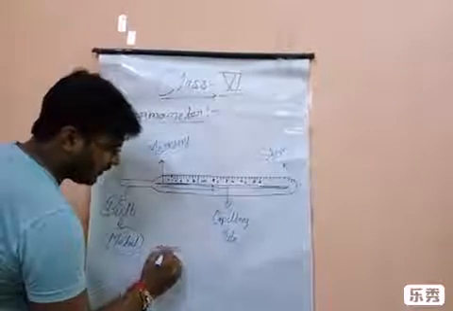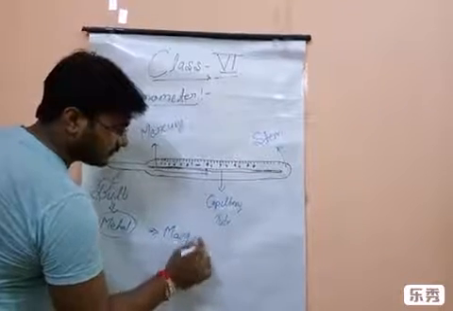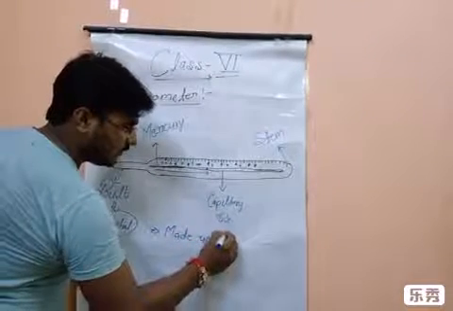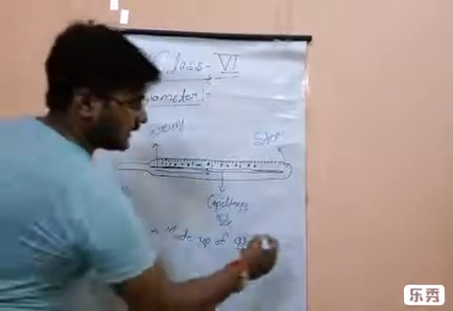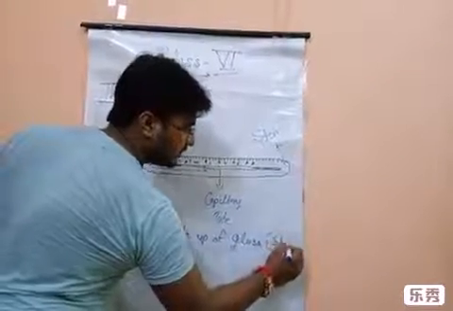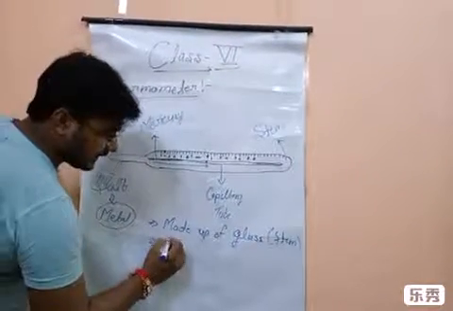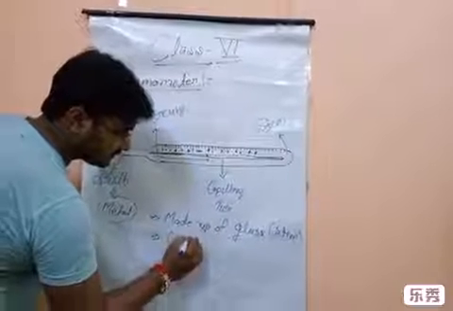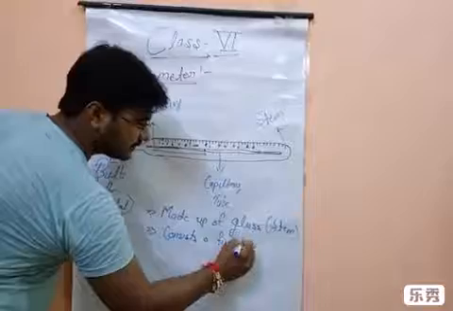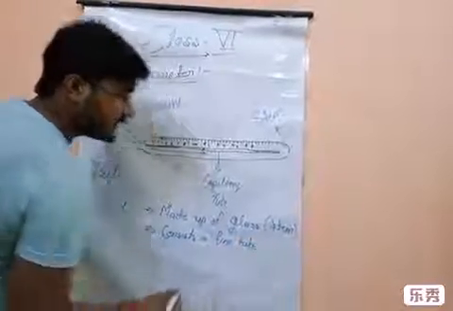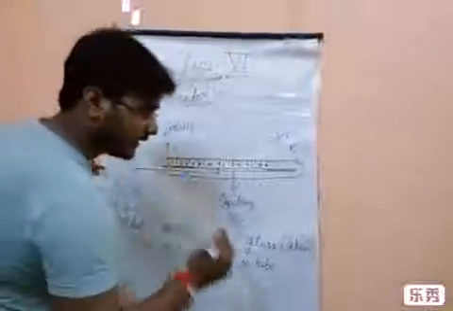Thermometer is made up of glass, in the bracket stem. It is called a stem. It consists of a fine tube. What is the name of that fine tube? You can tell. Yes, many of you are right.